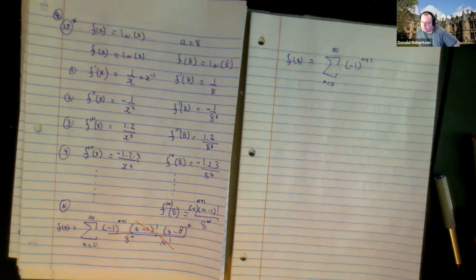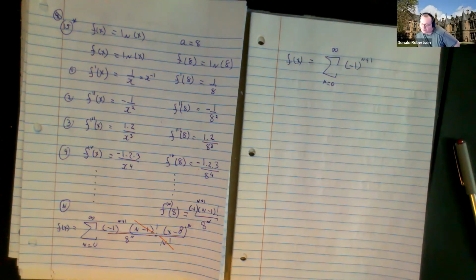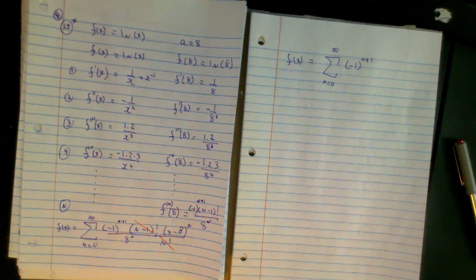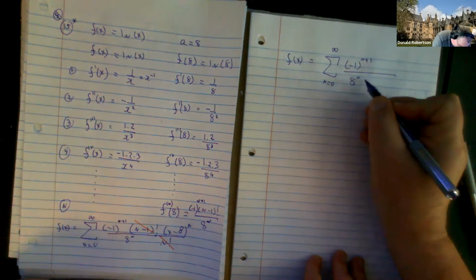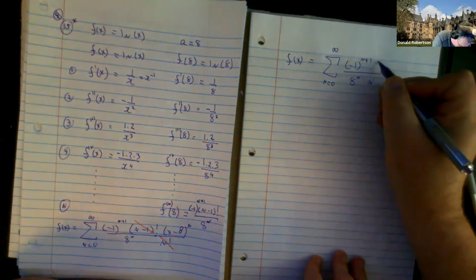Would you agree? n minus 1 factorial on the top is going to cancel with an n factorial on the bottom, right? They cancel out. What's left? Does it go on the top or on the bottom? On the bottom. Great. And while we're doing it, can't we stick the a to the n on the bottom and put an x minus 8 to the n on top?